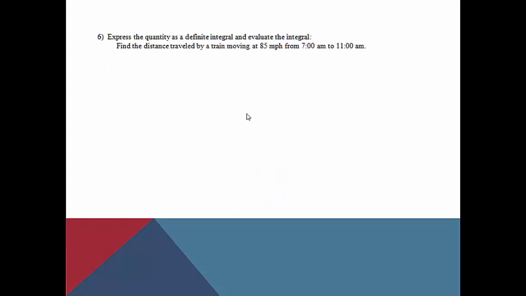Okay, one more. Express the quantity as a definite integral and evaluate the integral. So we actually are going to write our own integral on this one. Find the distance traveled by a train moving at 85 miles per hour from 7 a.m. to 11 a.m. All right, we are going to find a little bit later, and we're going to actually do an activity that shows us this. Distance traveled is just the area under a velocity curve.